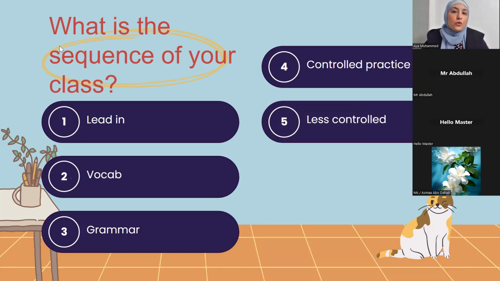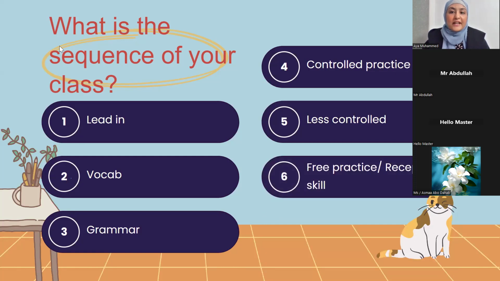We're going to discover and discuss the difference between controlled practice and freer practice, as well as receptive skills for boosting the skills of the English language. And you all may know that there are 4 skills of the English language, right?